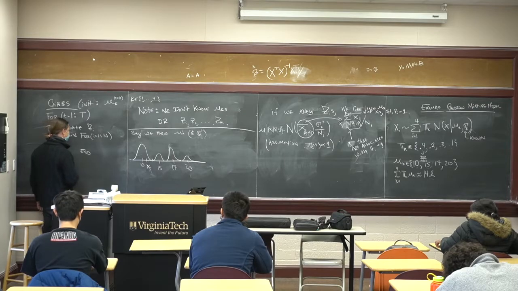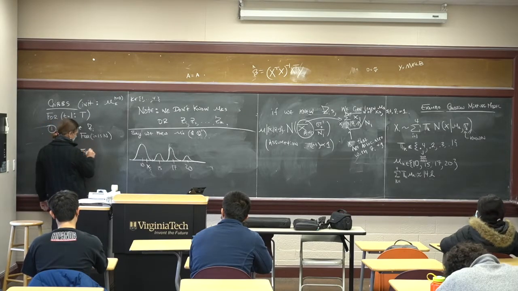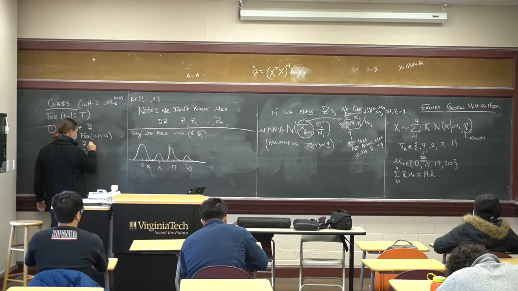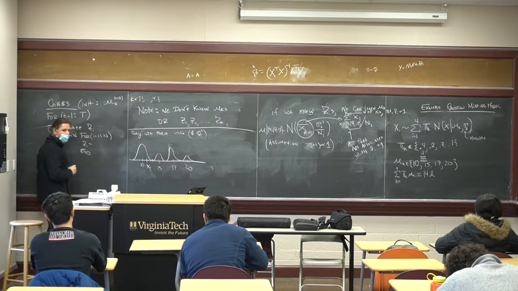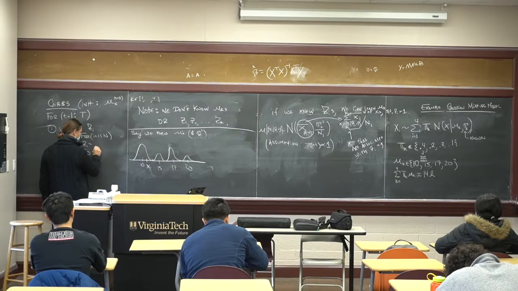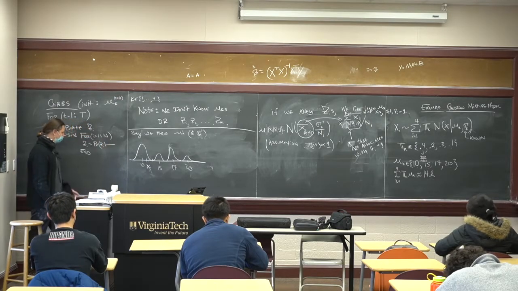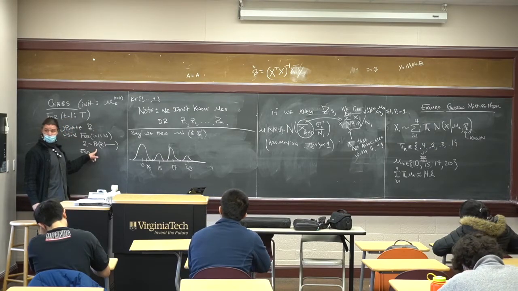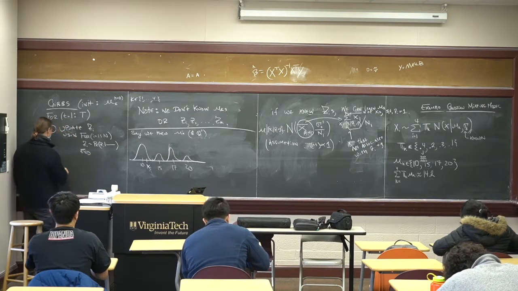So I'm going to take my zi's and I'm going to sample these from a multinomial distribution. So I'm going to say from my probability distribution on the zi's, given everything else, from this full conditional. I'll tell you what this probability is in a moment. Just plugging it in as a placeholder.